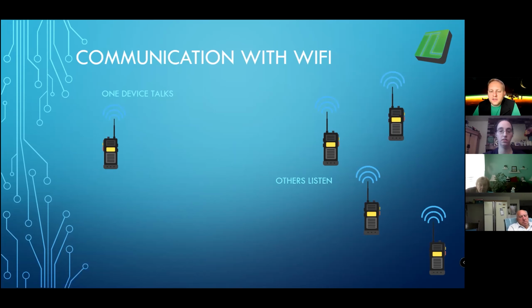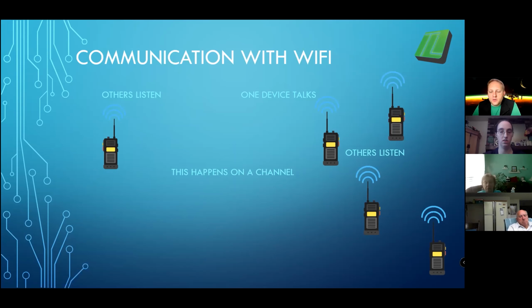Anything that has wireless capability has one of these little two-way walkie-talkies built into it, and they talk to each other. So when one is talking on the left, the others are listening, and vice versa. If another device talks, the rest of the devices have to listen.